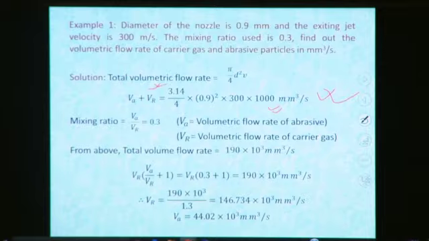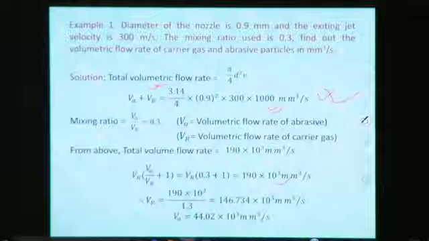So now if we take VR as common, VA plus VR equals VR multiplied by (VA by VR plus 1). Okay. So here if we multiply this VR with the second term, it will give VA plus VR, which is equal to 190 into 10 to the 3.